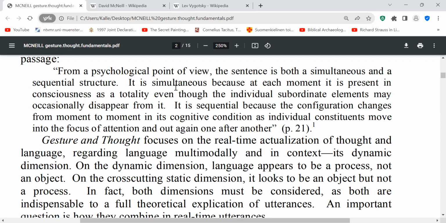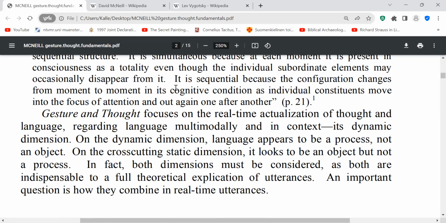It is sequential because the configuration changes from moment to moment in its cognitive condition as individual constituents move into the focus of attention and out again, one after another.